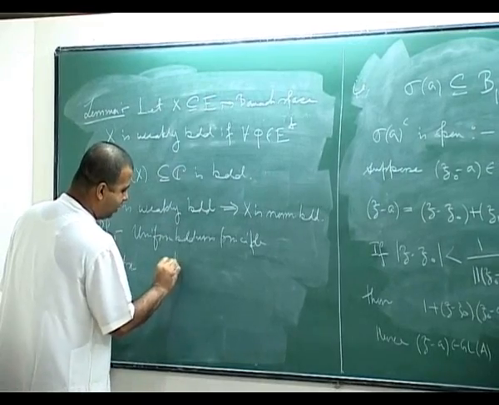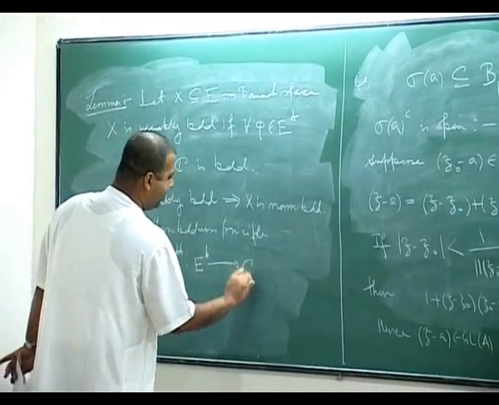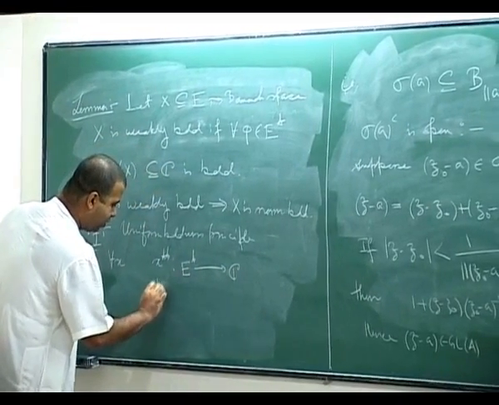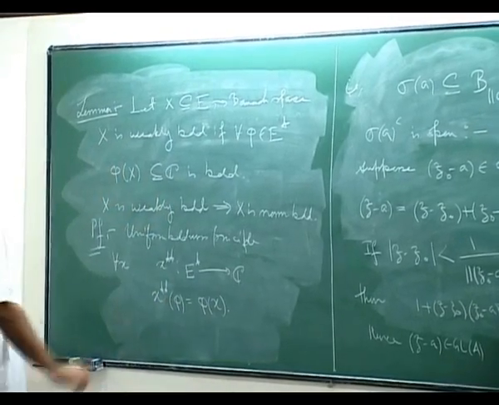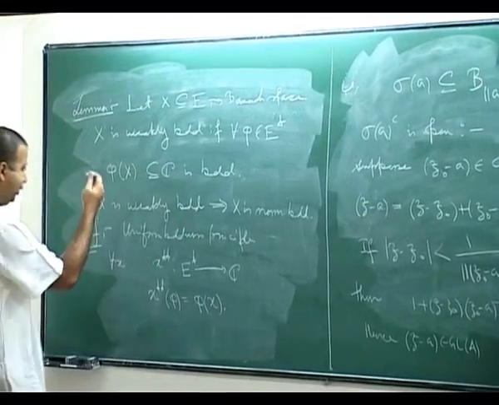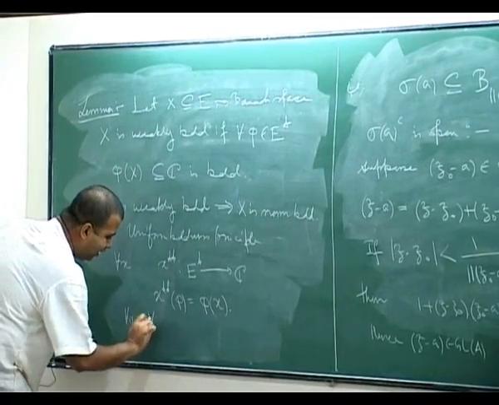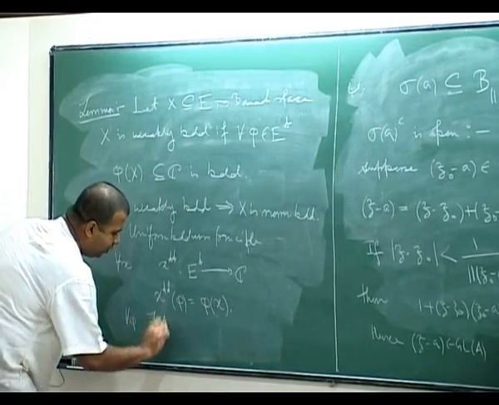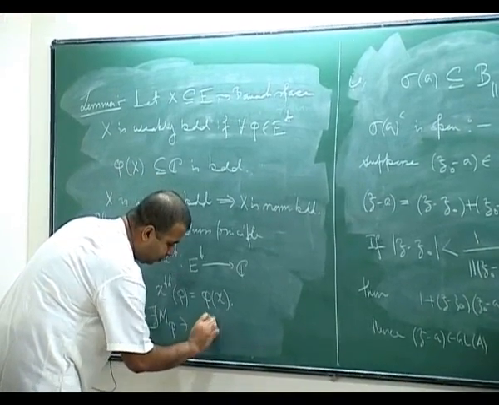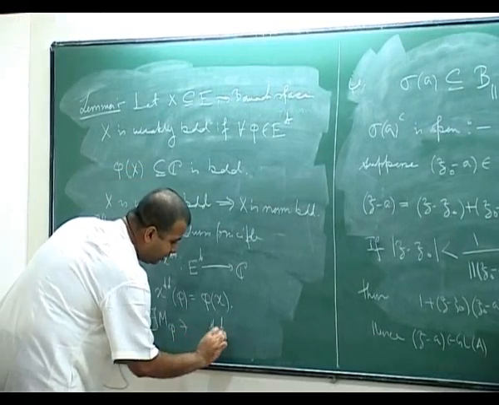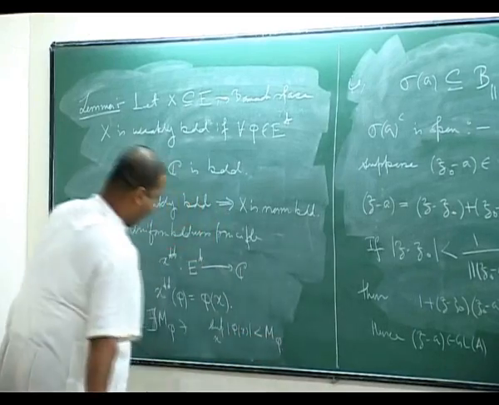So the idea is the following: for each x, you consider this map, say x star star from E star to C, namely x star star of phi is phi of x. Now, what is this weak boundedness? Proving this weak boundedness says the following, that for all phi there exists some M phi such that the supremum over x of |phi of x| is less than M phi.